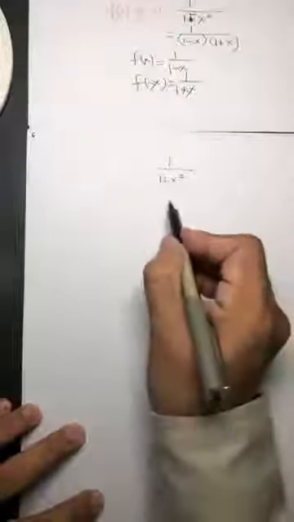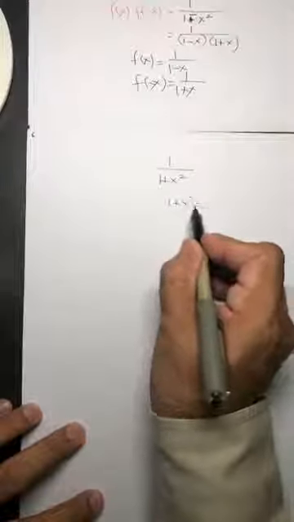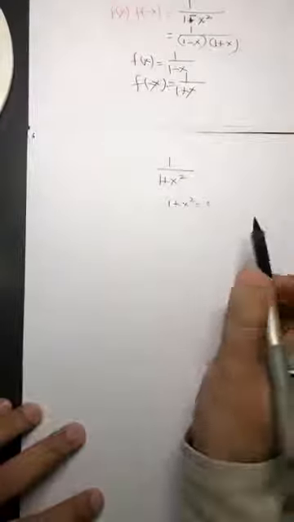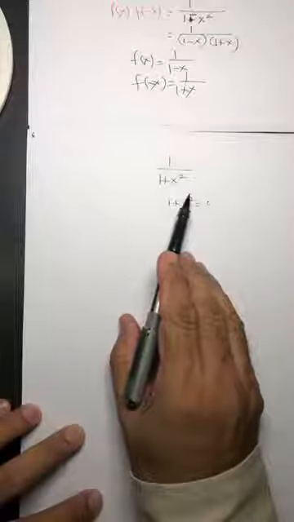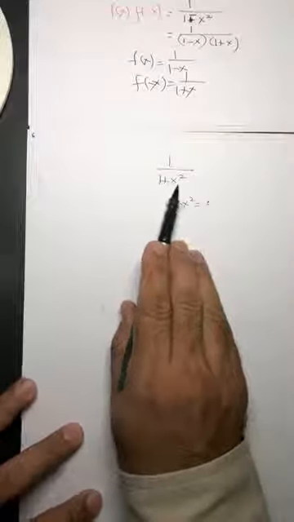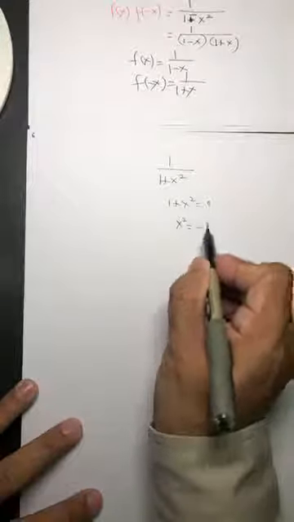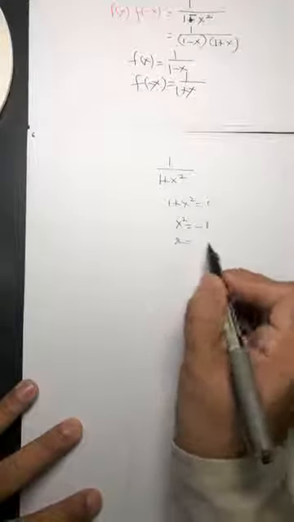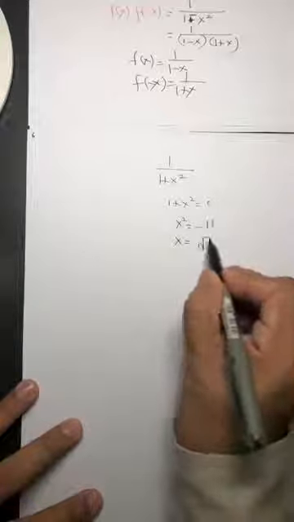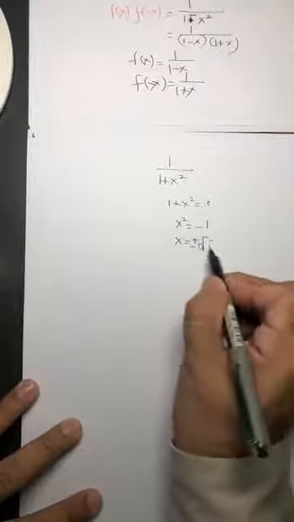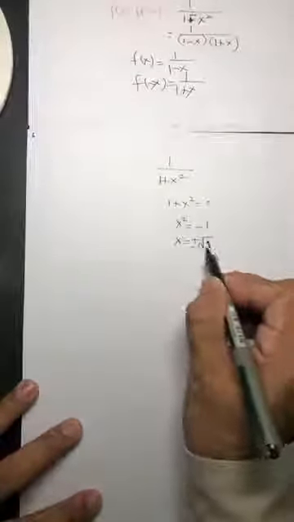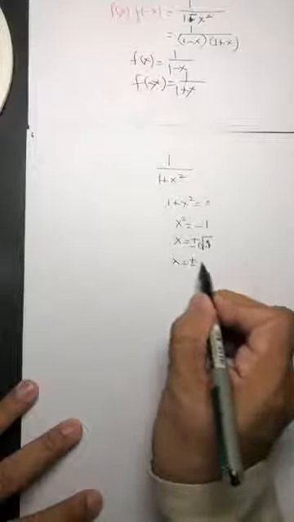You say, okay, 1 plus x squared is equal to 0. I find out the roots of this function, and then based on the roots, I can factorize this. So x squared is equal to minus 1, so it means x is equal to plus minus iota, or plus minus square root of minus 1. So x is equal to plus minus iota.